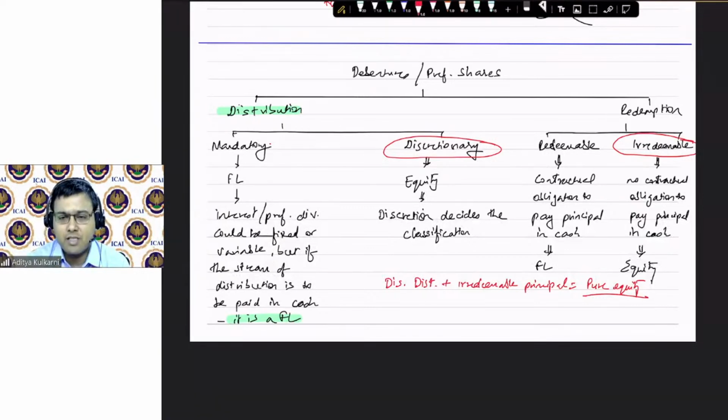I have invested in this instrument. How will I classify it? Issuer ke case mein everybody said it is equity. Absolutely fine. I give a thumbs up to you.